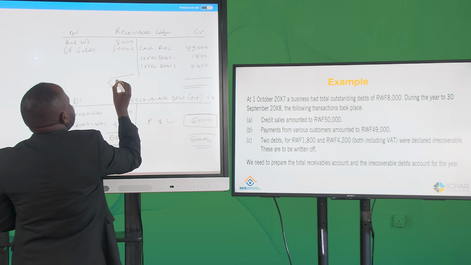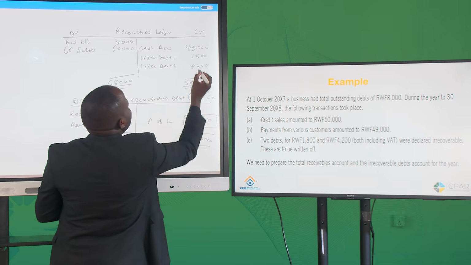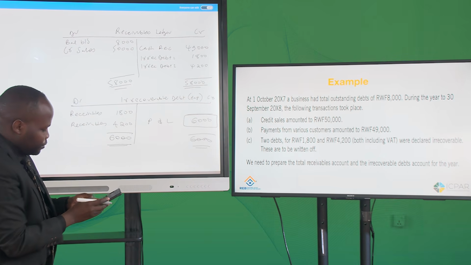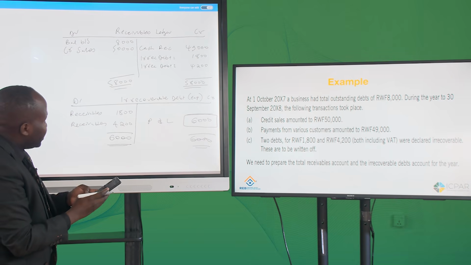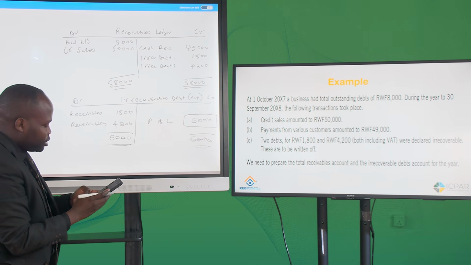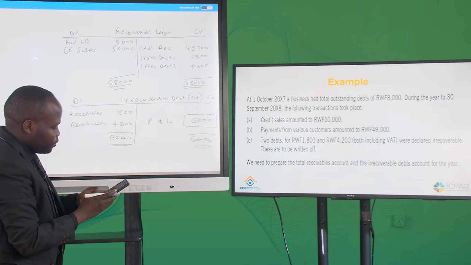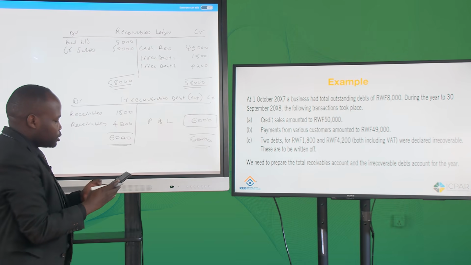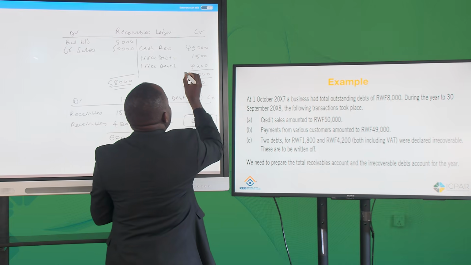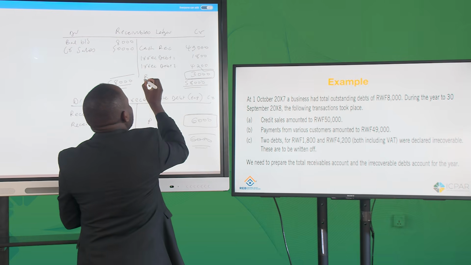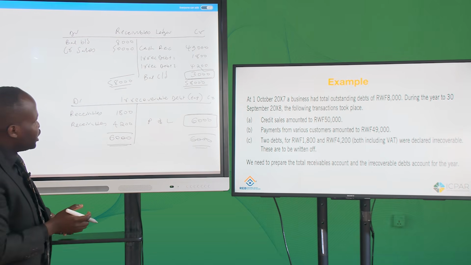This is 58,000, and then you remove 58,000 minus 49,000 minus 1,800 minus 4,200. So our receivables balance is only 3,000. So that becomes the balance carried down at the end of the period.